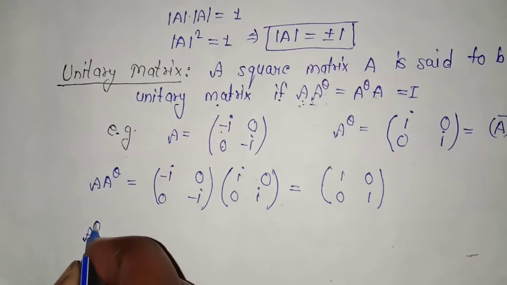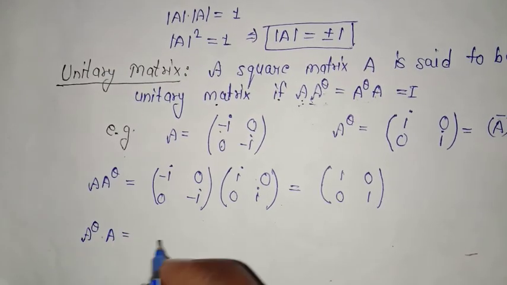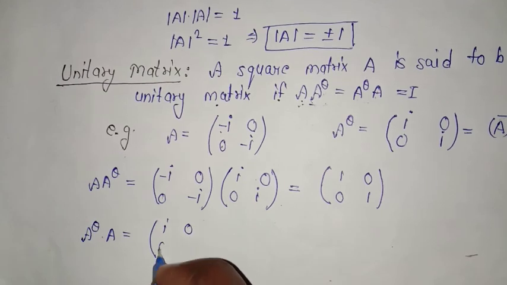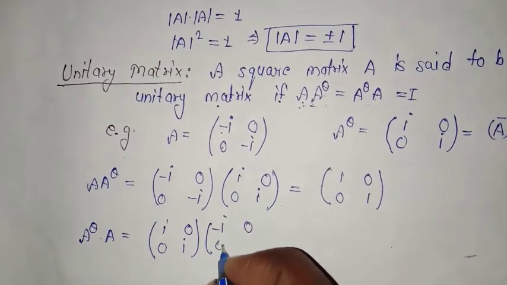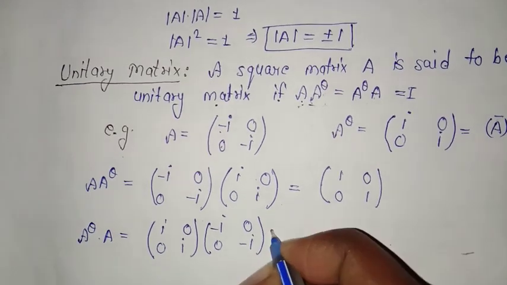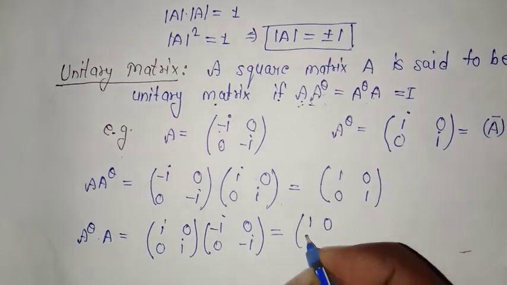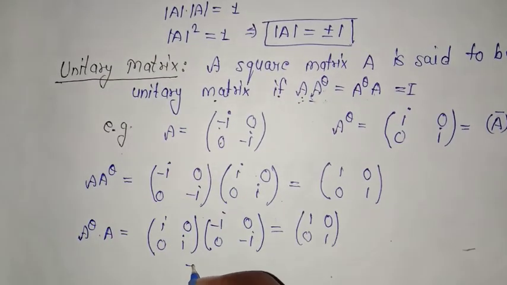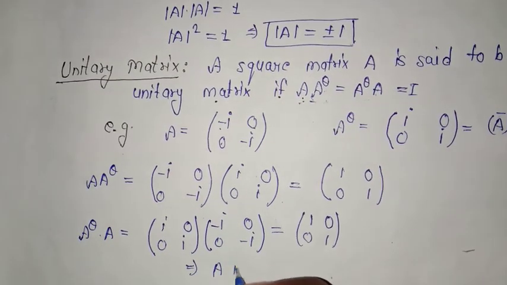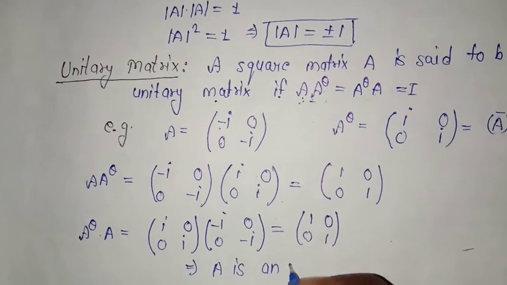Again, if we take the conjugate transpose of A together with A, we'll again get the identity matrix. So here we got that A is a unitary matrix.